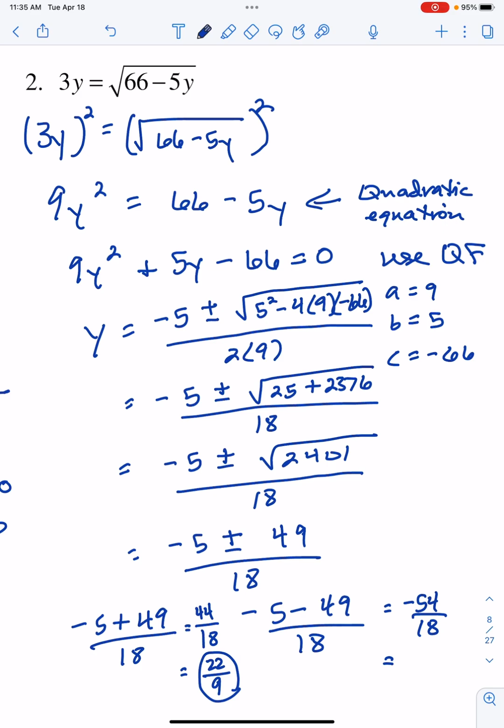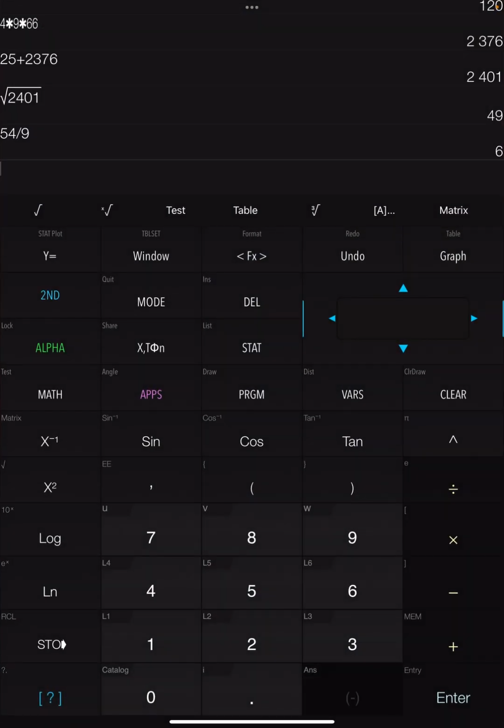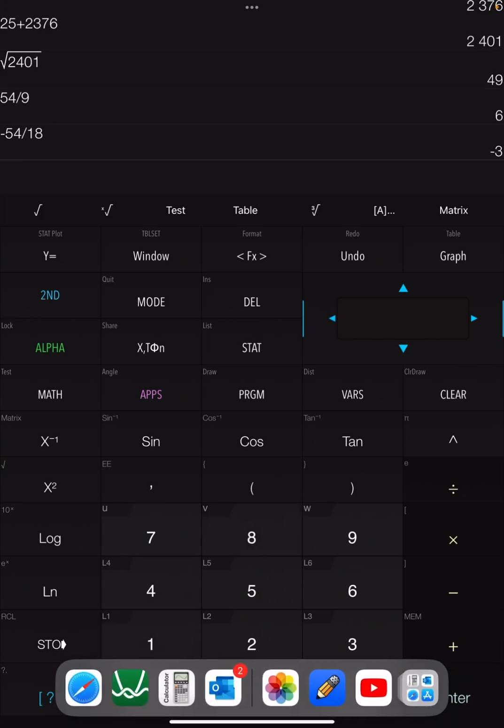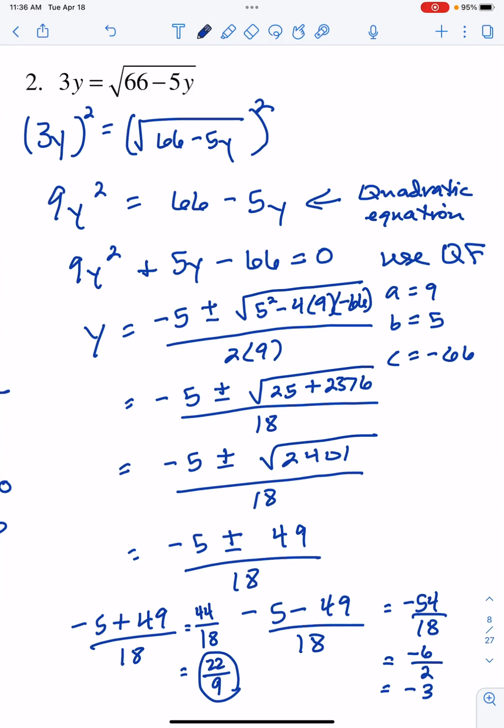So I get negative 6 over 2, which is negative 3. So if we go back, negative 54 divided by 18 is negative 3. So here's our other answer.